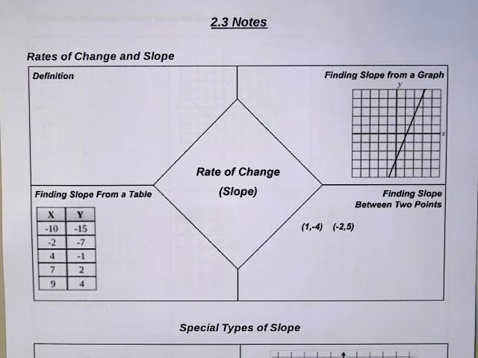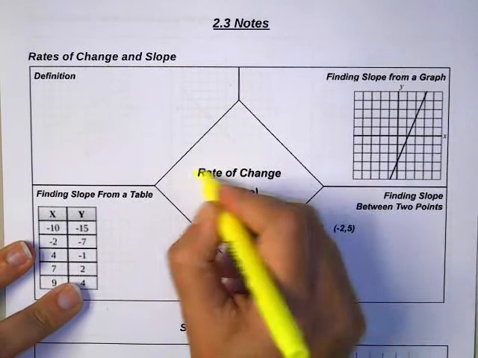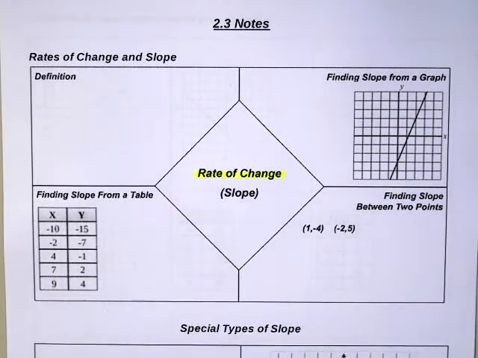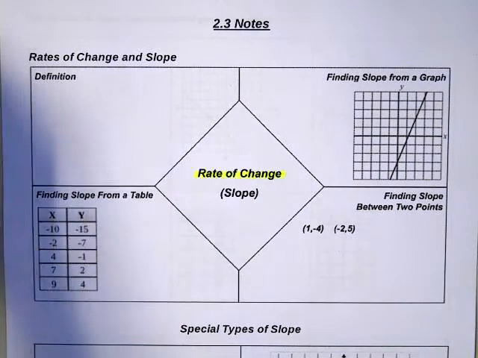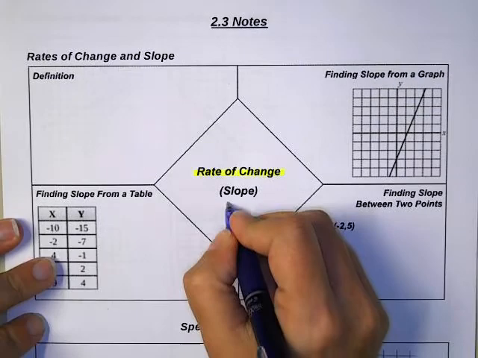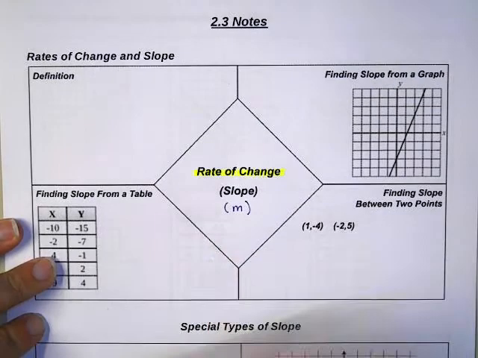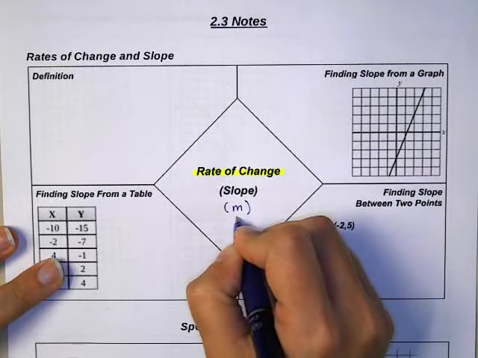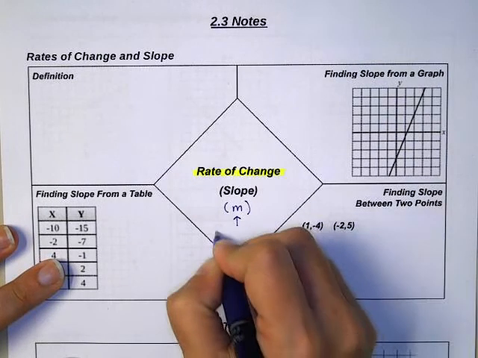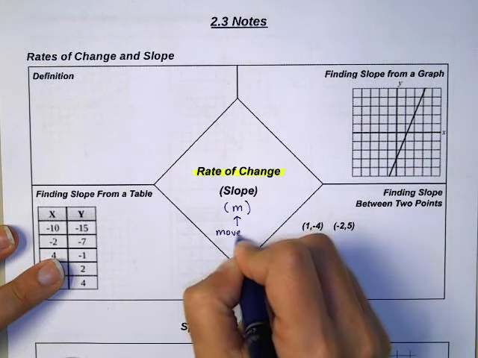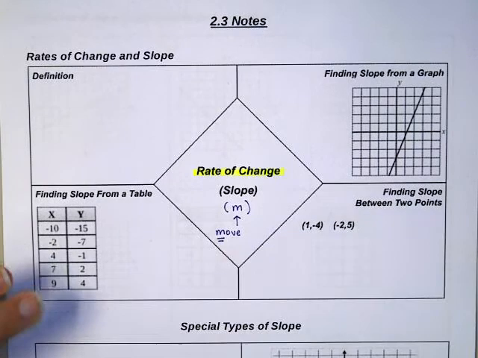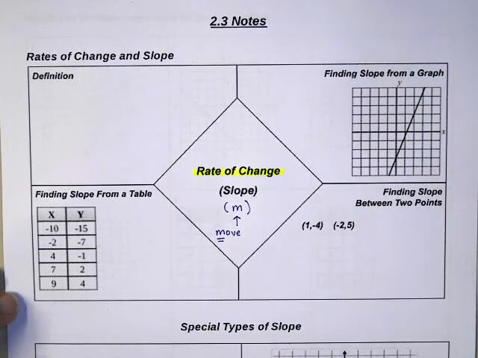So here we go. These notes are going to be all about the idea of rate of change. When you hear the word rate of change, that is another way of saying slope. And in math, we use the variable m to stand for slope. And the reason we use the variable m is that the slope tells us how to move between points on a graph.